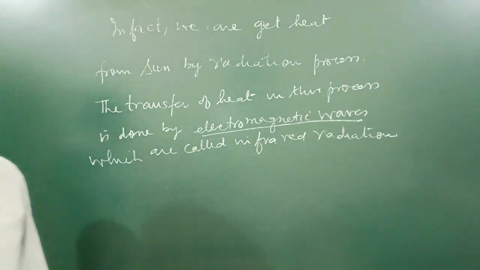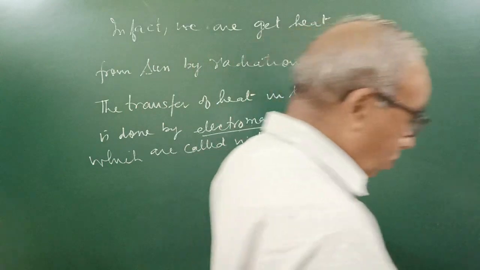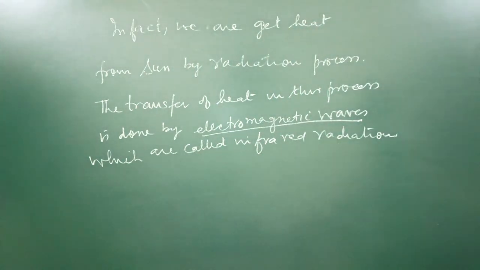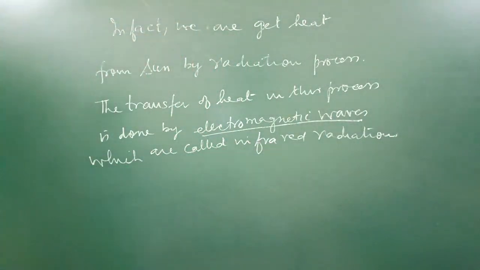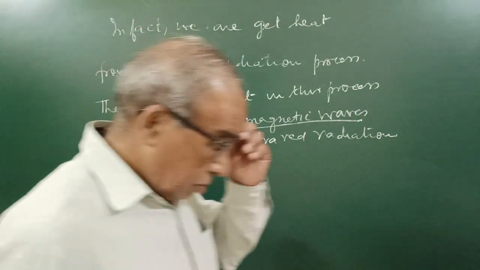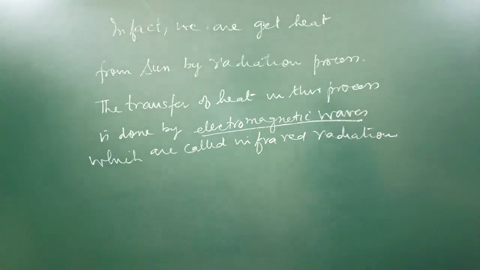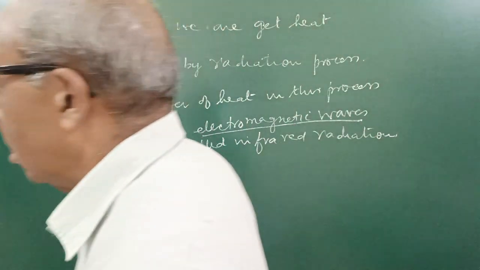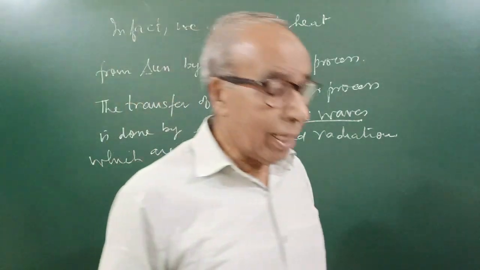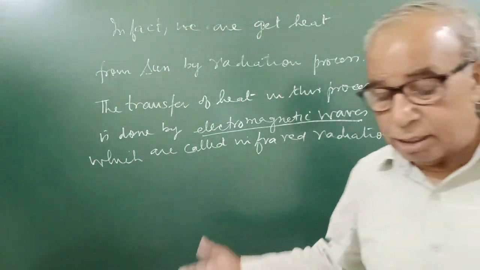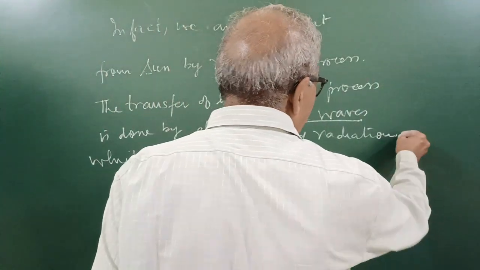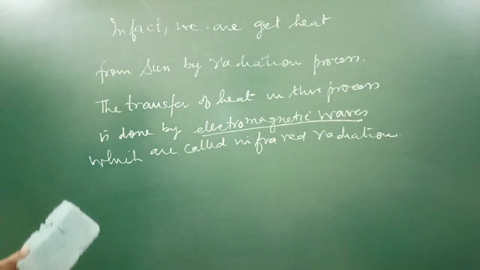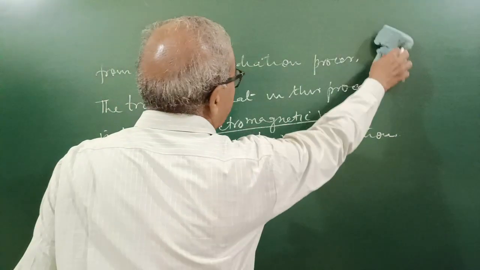Light is also a form of electromagnetic wave. There is a wide spectrum of electromagnetic waves. You might have heard of X-rays, ultraviolet rays. The sun is a source of ultraviolet radiation, visible light, and infrared radiation. I will tell you about waves in detail in a coming chapter.